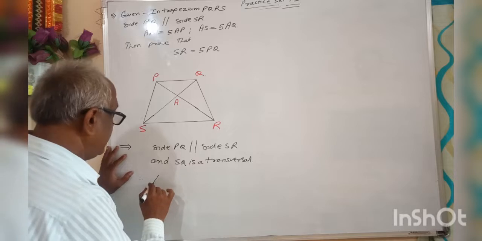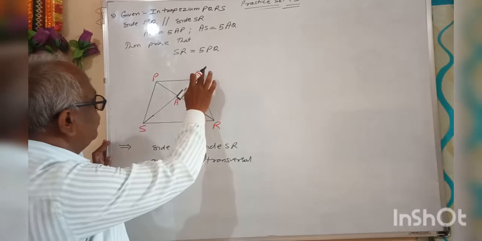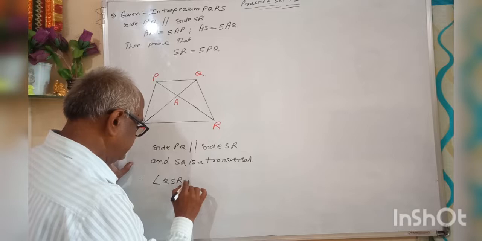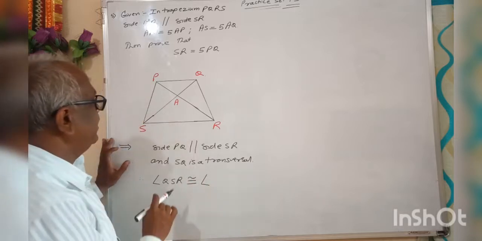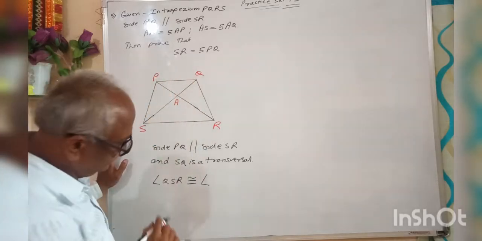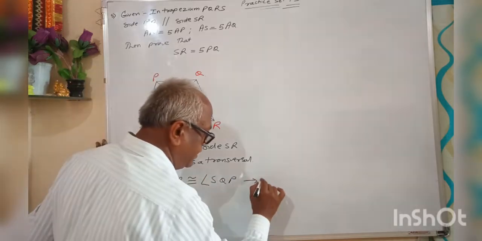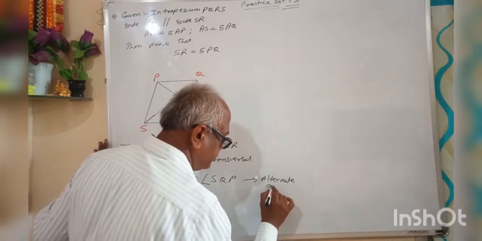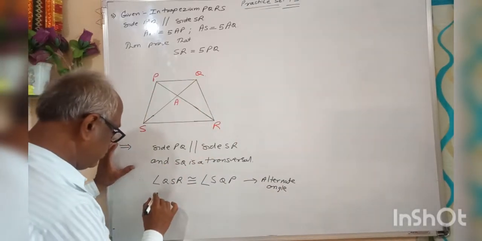Therefore, angle QSR is congruent to angle SQP by alternate angles. Now the same angle we'll write in this way.